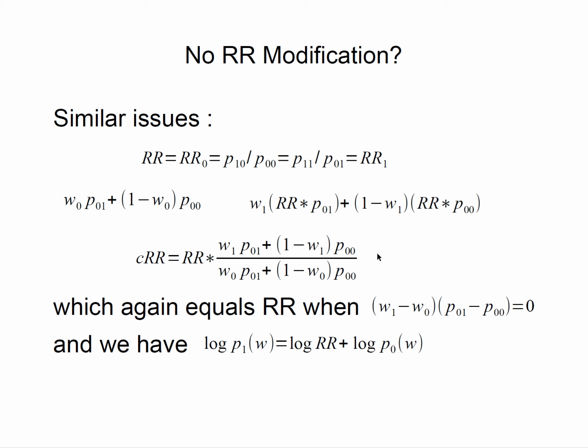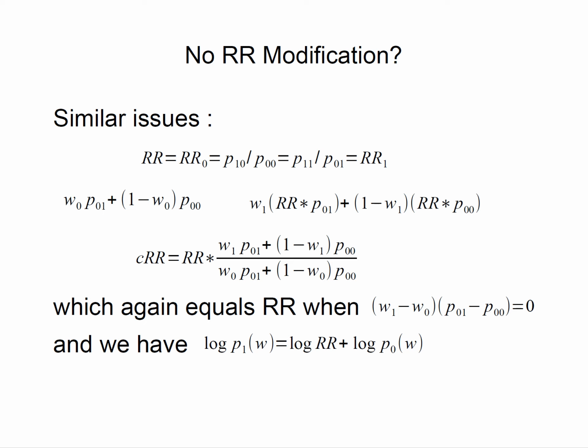And you can see it involves this complicated looking object. However, it turns out again that the crude risk ratio will equal the assumed common risk ratio when the weights are the same or the probabilities among the unexposed are the same. Either of these being, if this difference is 0 or this difference is 0, then the crude risk ratio will be the assumed common risk ratio.